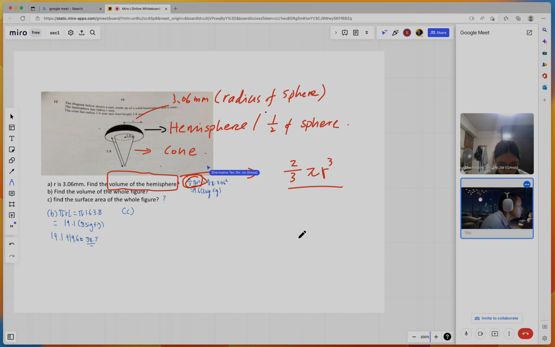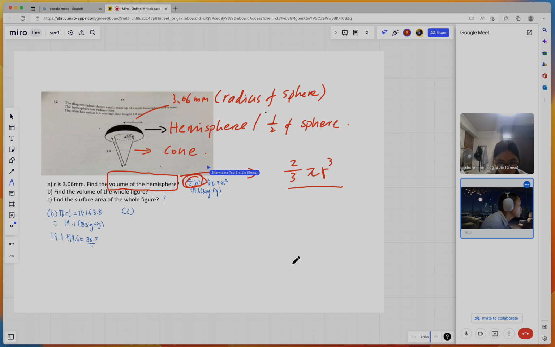Pi r square. Answer my question. Don't waste my time. I asked someone for help. Your teacher? You don't accuse your teacher. Your teacher will give you the right formula. You are the problem.